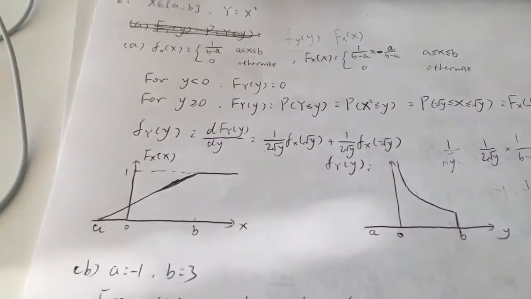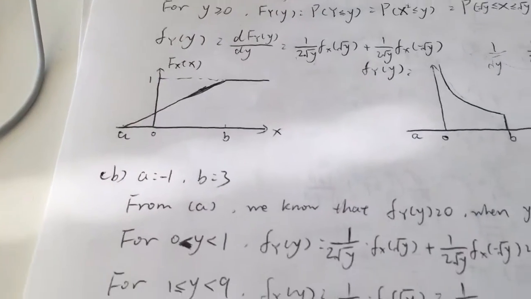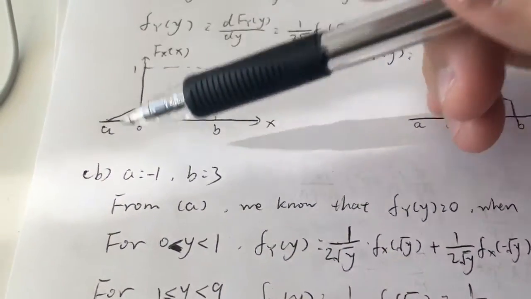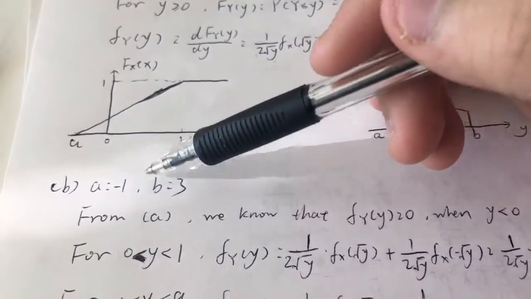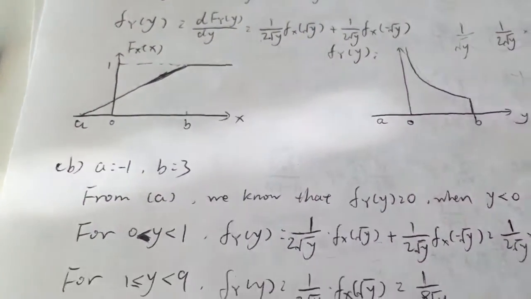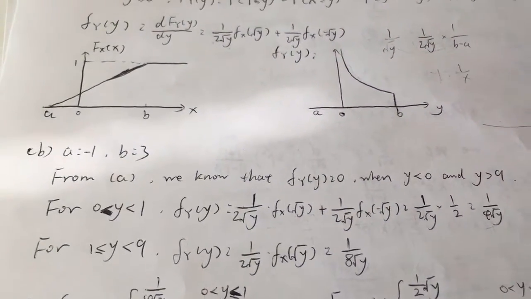So we got the picture of the density function of y. That's the first question. Now in the second question, we have the values of a and b: a equals -1 and b equals 3. So we have the exact values of a and b, and we can calculate.